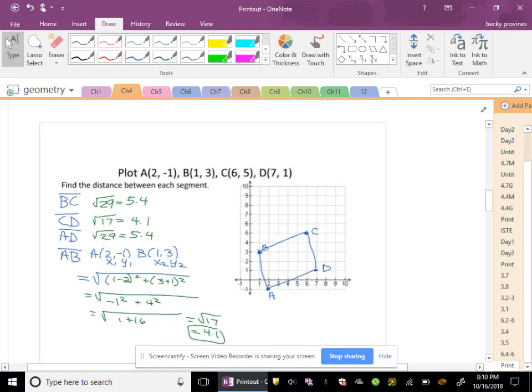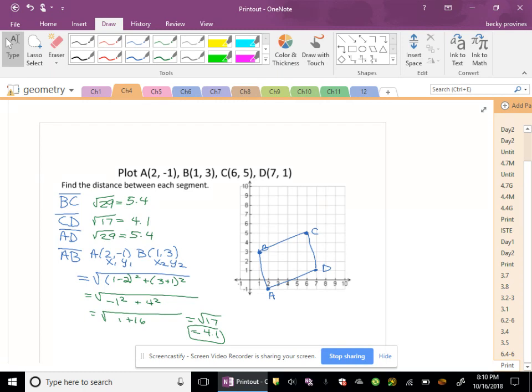Okay, so on this one, you're going to plot the points and then find the distance between the points, which is the length of the segment. When I did this during class yesterday, I had each row in the class do a different section.